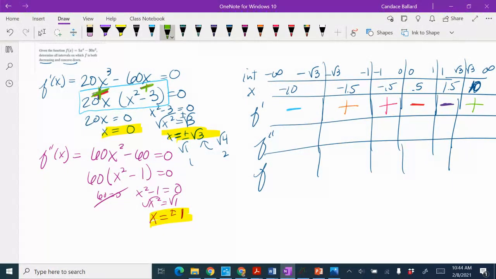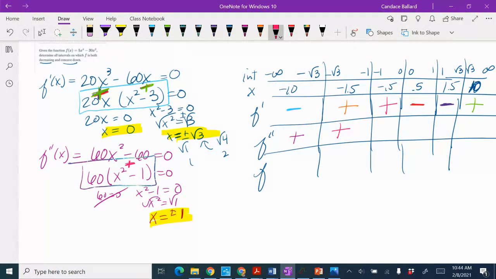Now we're going to do that exact same thing, but this time we're going to look at the concavity. So I'm going to plug into this right here for my concavity. The first one I'm going to look at is negative 10. Negative 10 squared is definitely going to come out to be positive. Then I'm going to plug in negative 1.5. Negative 1.5 squared is 2.25, which is bigger than 1, so it's going to be positive.